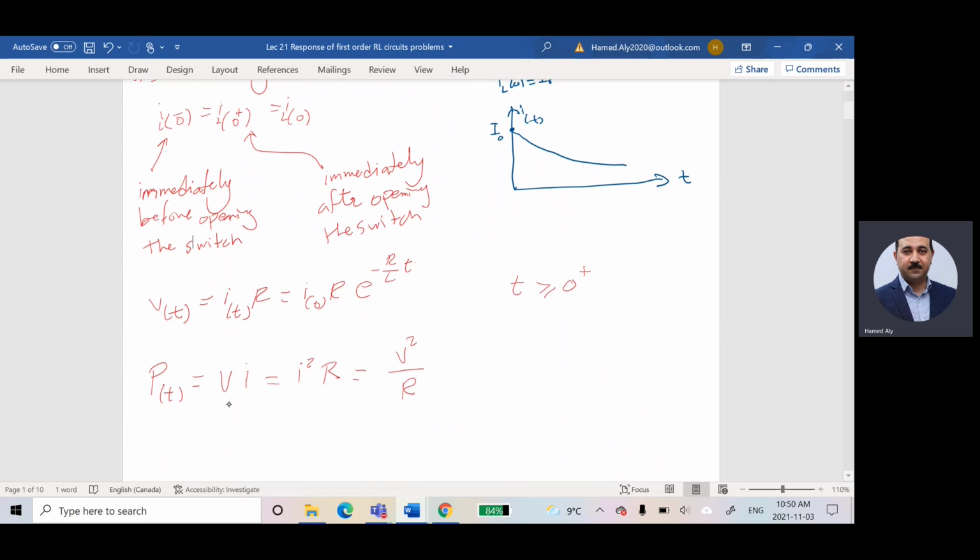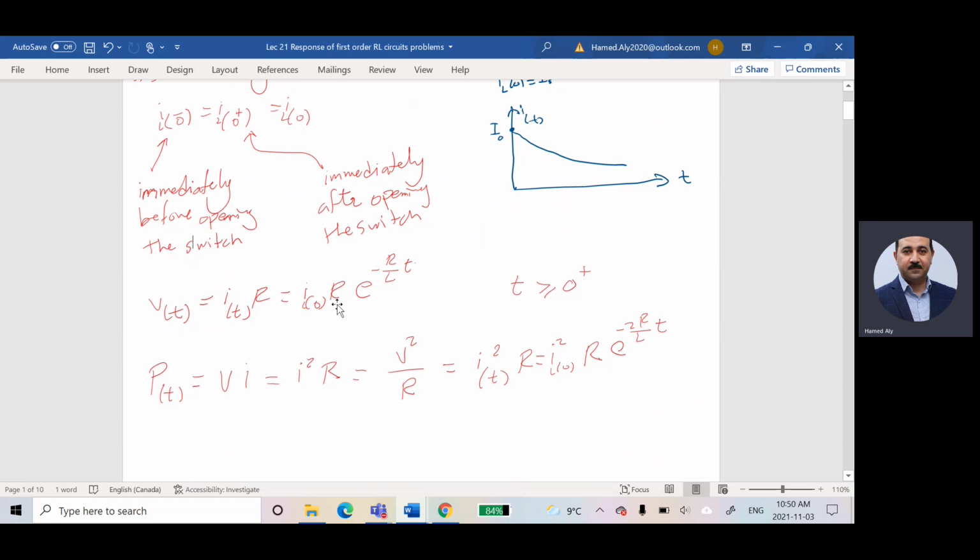So I can say this power should be equal to I of t squared multiplied by R, which is equal to I_L of 0 squared multiplied by R multiplied by e to the power negative 2R over L t.